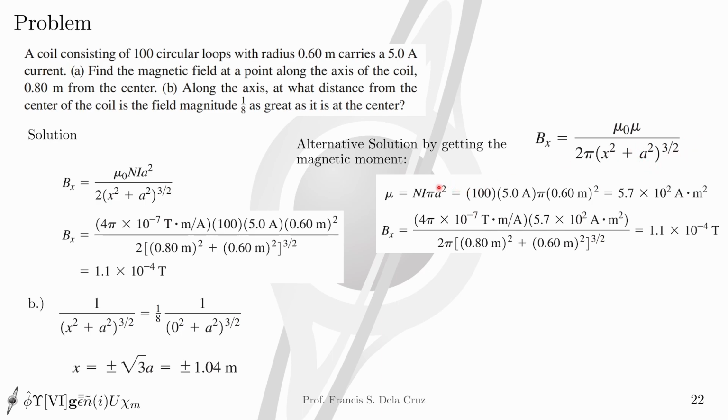So using the magnetic moment mu, and then we substitute it here to the equation over 2 pi quantity x squared plus a squared raised to 3 halves, the answer will still be the same, 1.1 times 10 raised to negative 4 Tesla. So this is the first method. This is an alternative solution. Whatever method will suit you.